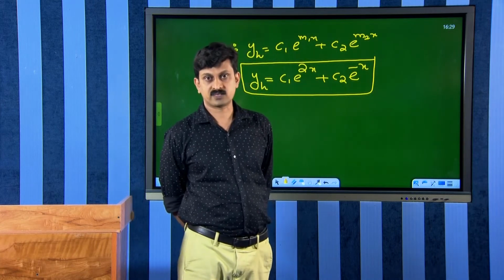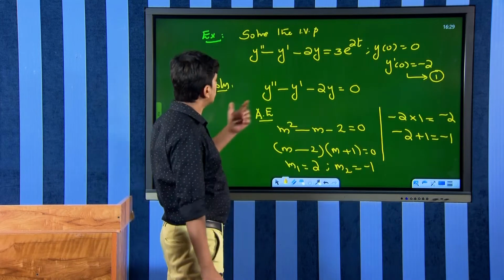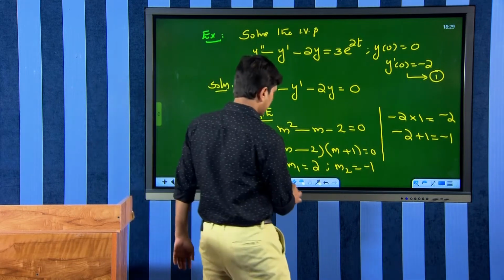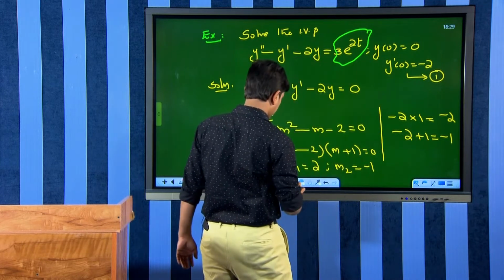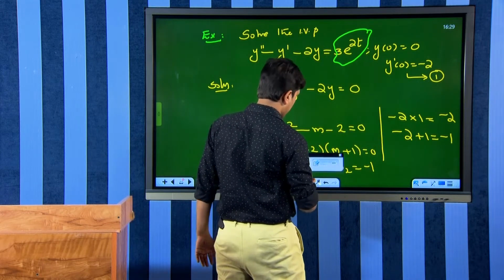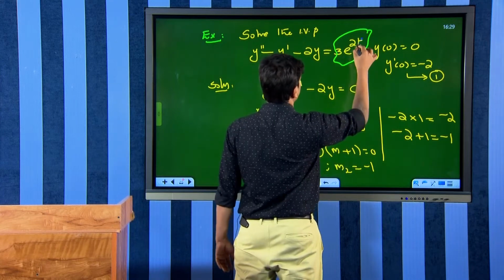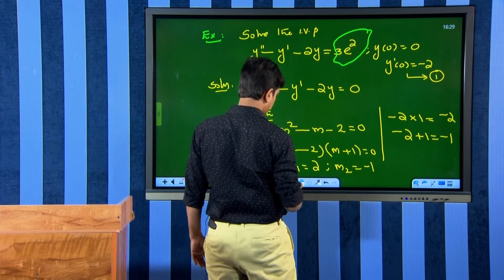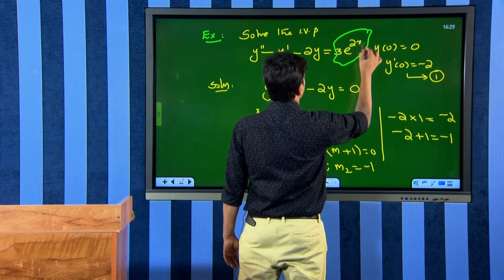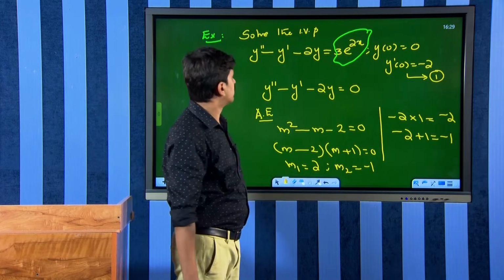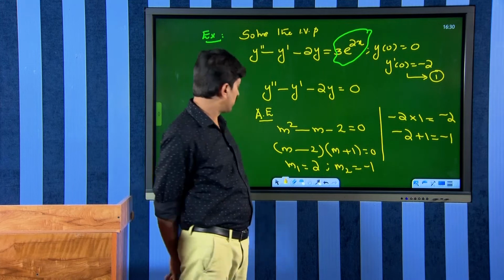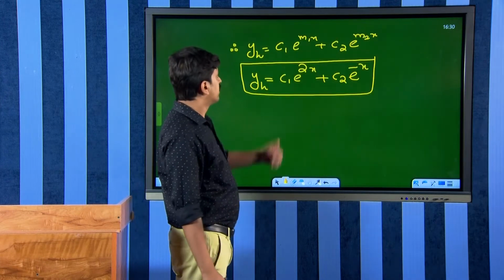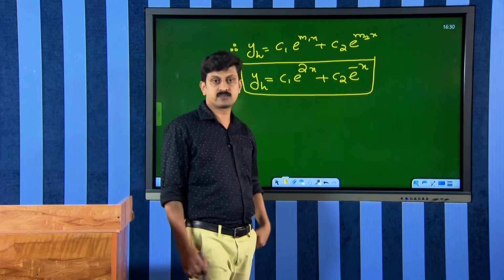Now see the question, here we have 3 e raised to 2t. Instead of t, I would like to consider this as x. Okay, fine, we have 3 e raised to 2x. So, e raised to 2x we already discussed here.